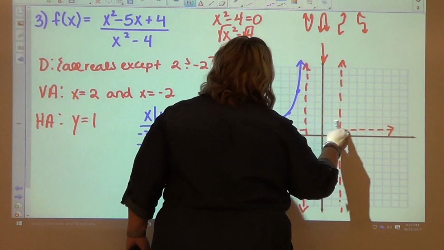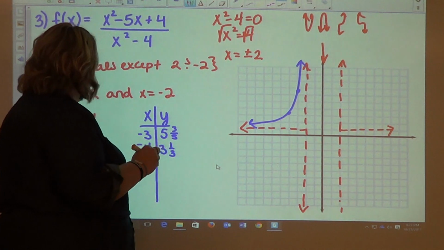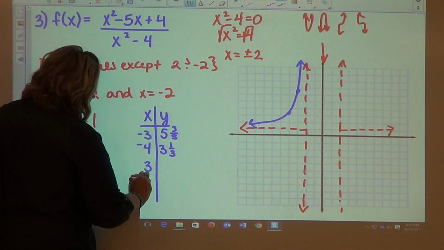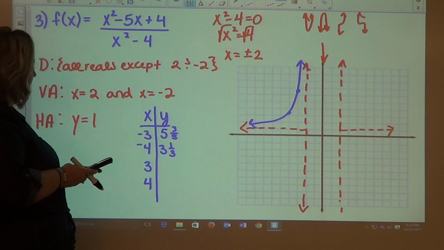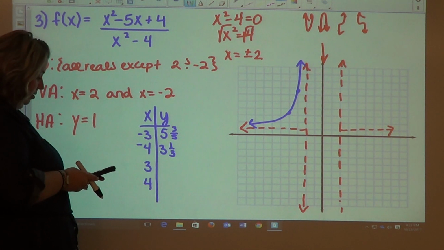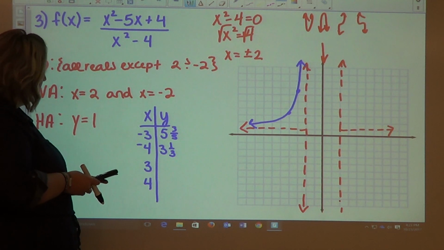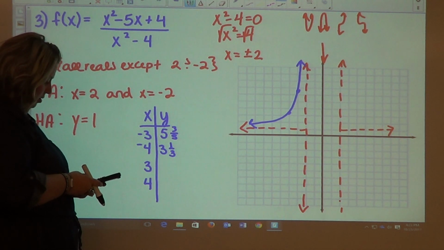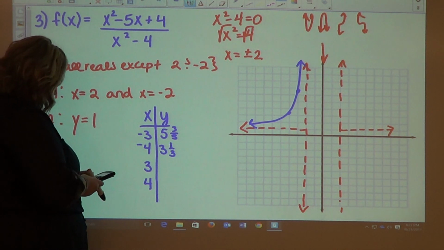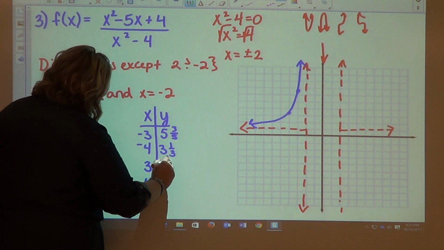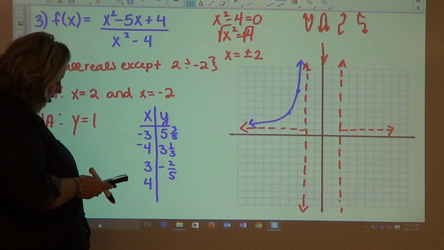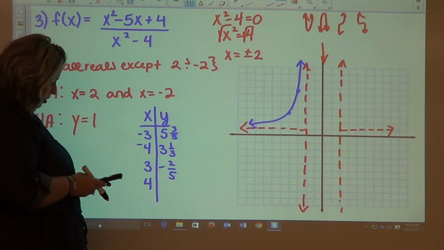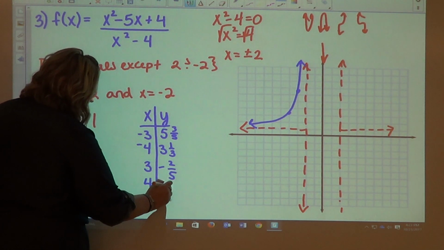Okay, then if I do my total other side, so now I'm going to plug in positive 3 and positive 4. So if I plug in positive 3, I would get negative 2/5. And if I plug in positive 4, I get 0.